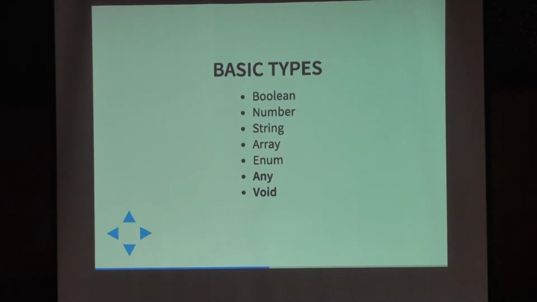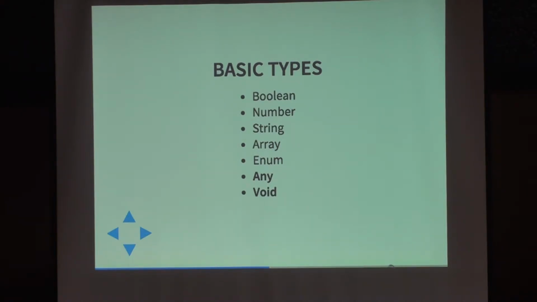Okay, the basic types are boolean, number, string, array, enum, and the last two are very important. I told you about any: when you don't know what your variable type is, or you use a variable which can be several other types, you can use any.